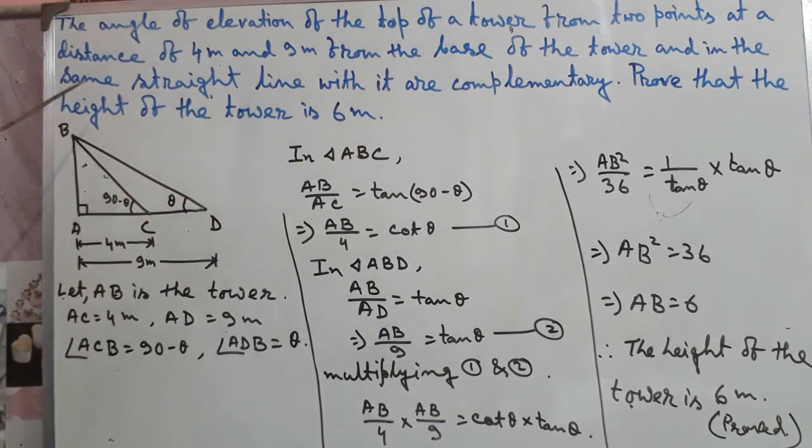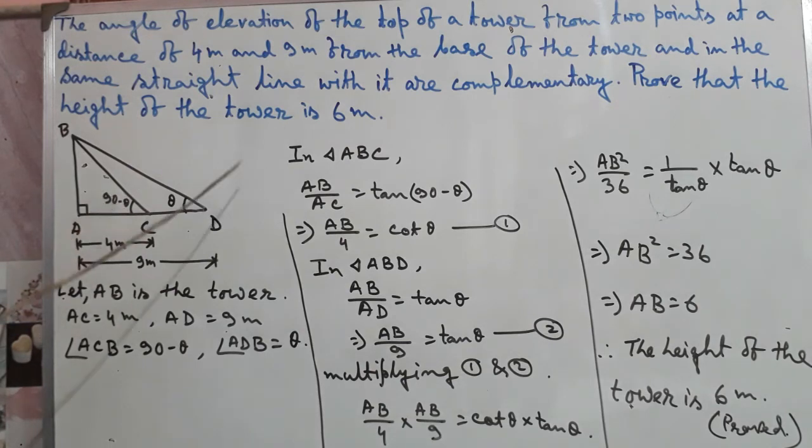Then we have to prove that the height of the tower is 6 meter. So let AB be the tower and C is a point 4 meter away from A and D is another point which is 9 meter away. Let this angle D be theta, then this angle C will be 90 minus theta.